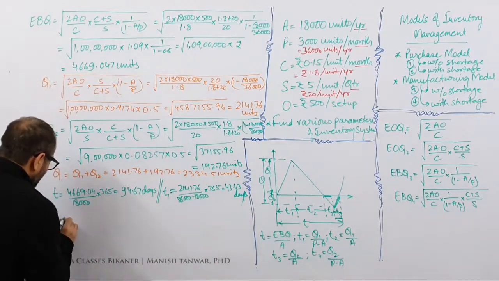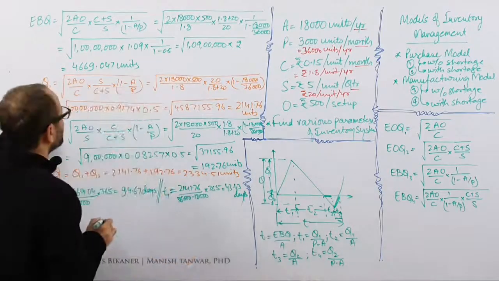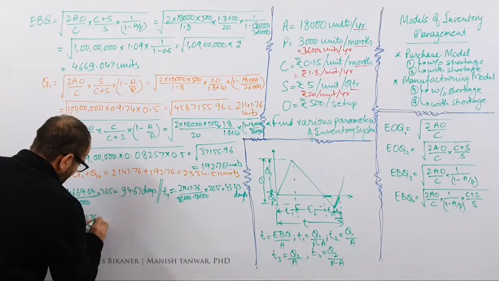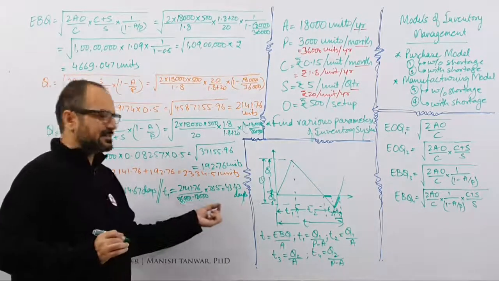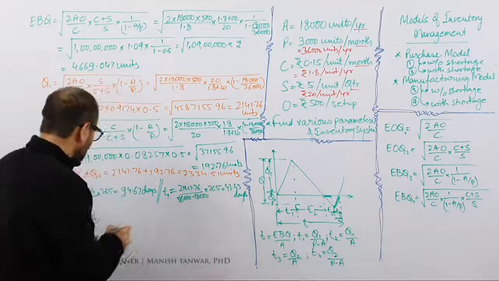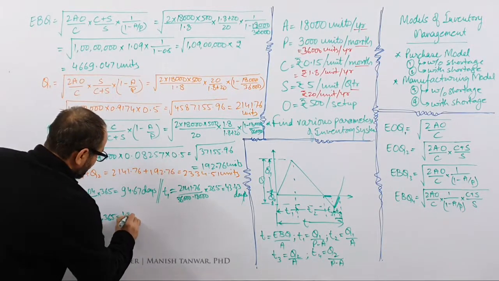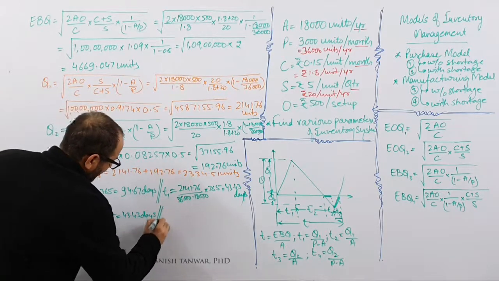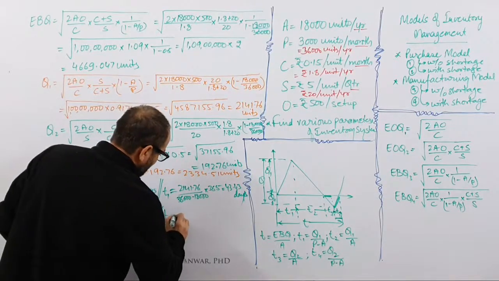Then we have T2. T2 is Q1. Q1 is 2141.76 upon A. A is directly 18,000. Last time it was P minus A, but this time it is directly 18,000. Multiplied by 365, giving me 43.43 days. So I have T, T1, T2. Let us have T3.